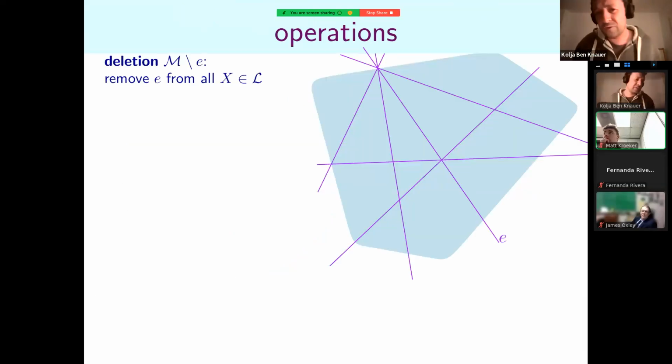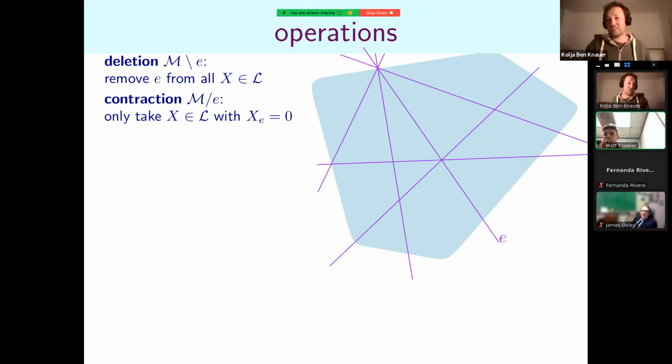So let's speak a little bit about operations. Like matroids, COMs also have minor operations, which are pretty much the same thing. You can delete an element, which in the realizable setting just corresponds to deleting the hyperplane from the arrangement.